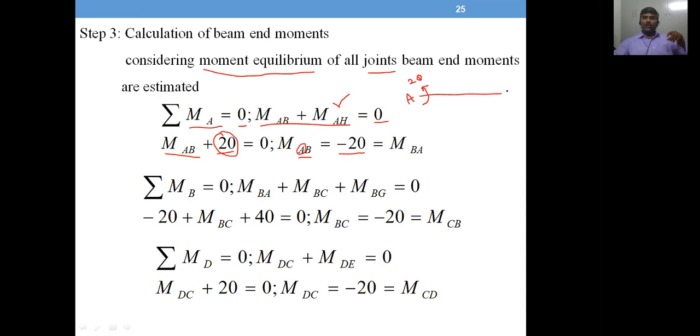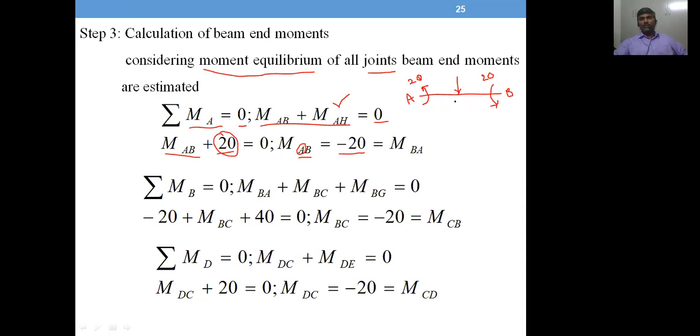So this is A. MBA should also be the same: 20 anti-clockwise is the moment acting from A to B, no change. What is the reason? Because no load is acting on AB.